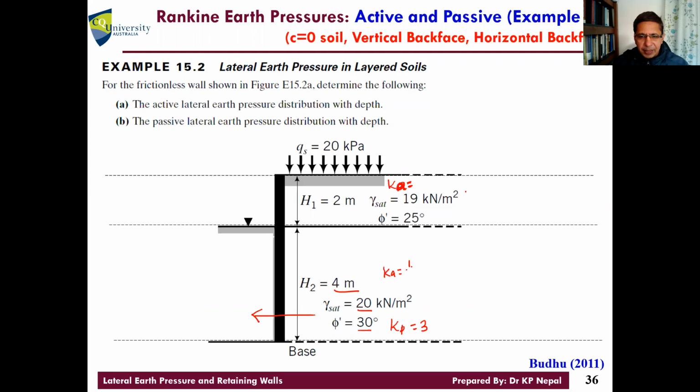So the Ka at the top layer is how much? 25 degree, 1 minus sine phi divided by 1 plus sine phi for Ka. 1 minus sine 25 divided by bracket 1 plus sine 25.